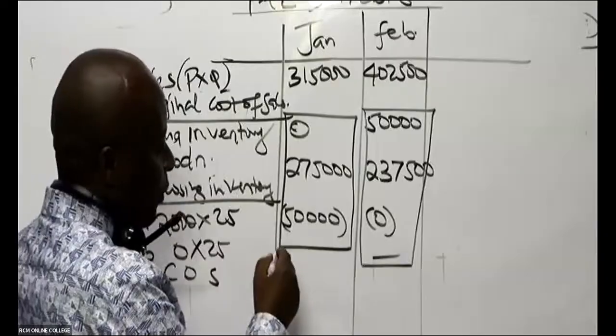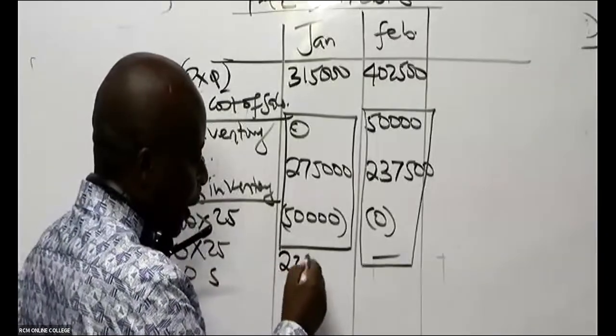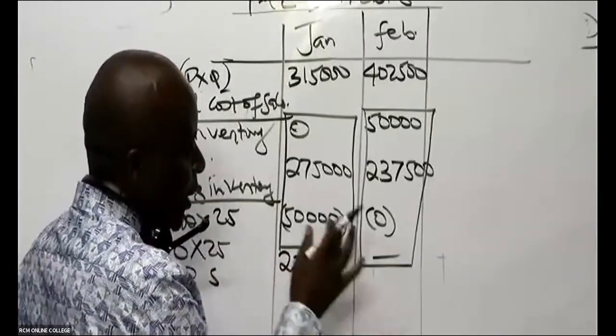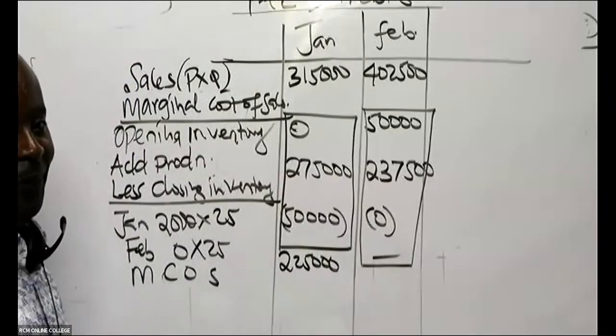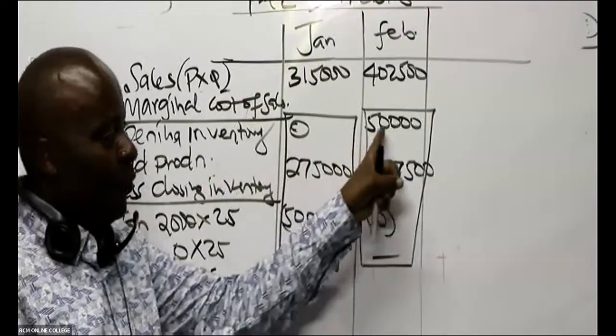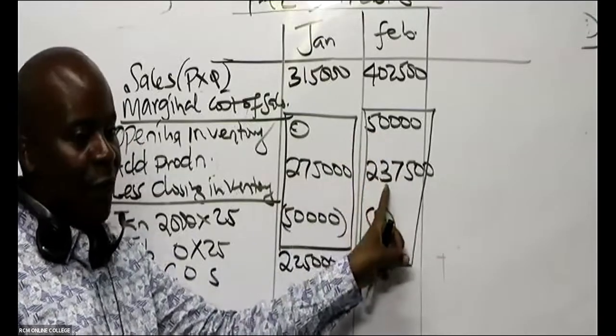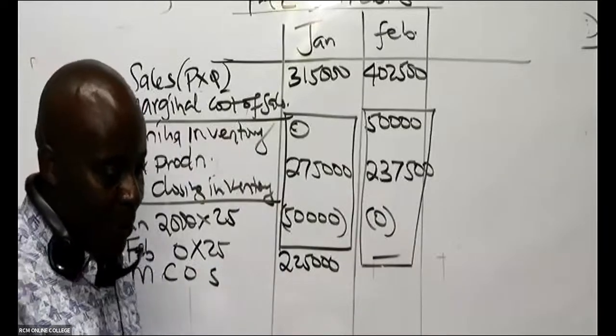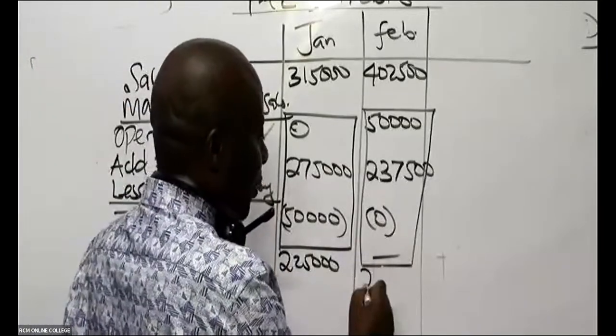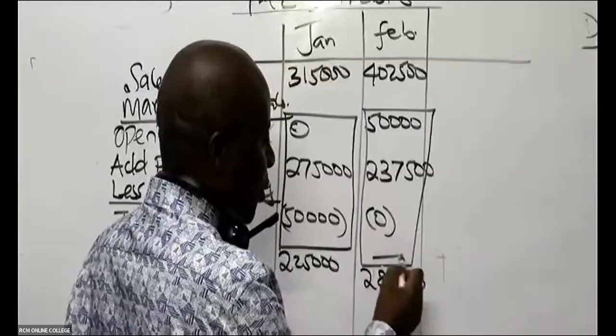They are telling me 225,000. How about this one here? So the 3 numbers only, 50,000 plus 237,500 minus 0. So I'm getting 287,500. Thank you so much.